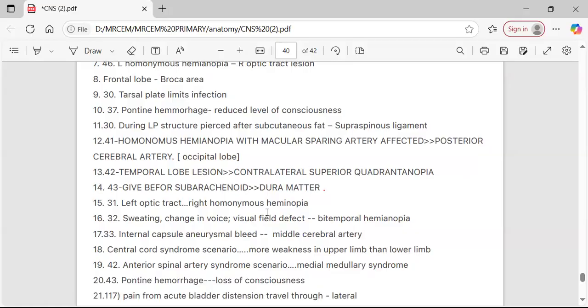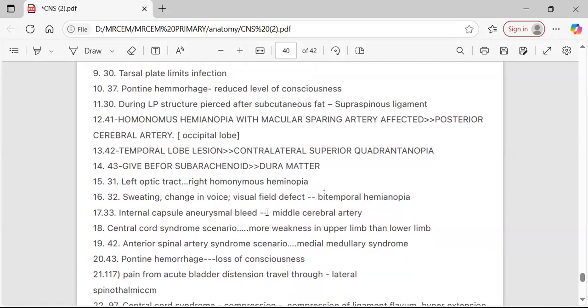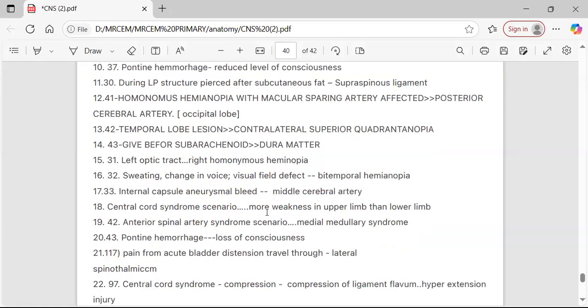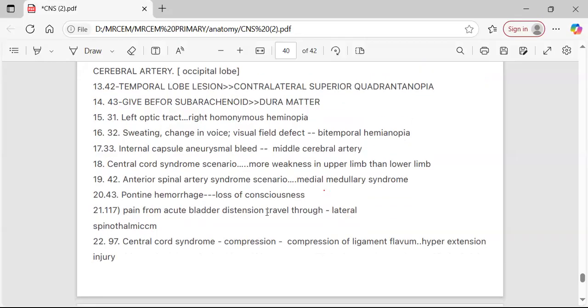CNS layers before the subarachnoid is the dura mater. Left optic tract, right homonymous hemianopia, sweating, change in voice, bitemporal visual field defect, internal capsule, aneurysm bleed, middle cerebral artery, central cord syndrome, which we discussed. There will be more weakness in the upper limb than the lower limb.